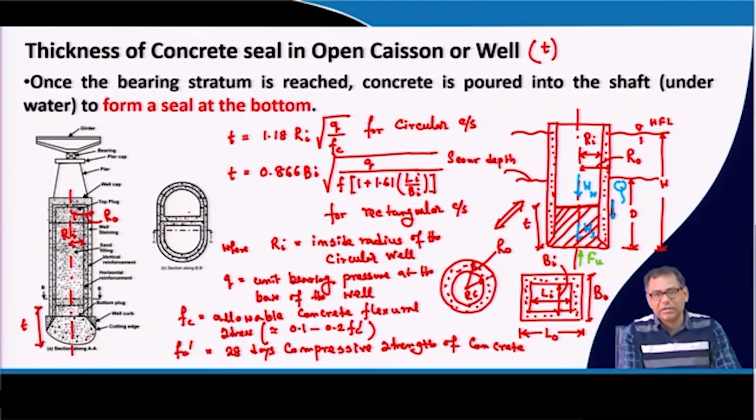At that condition we are checking whether that seal is sufficient or not. That means the shaft weight, the bottom seal weight, and the friction between soil and the well, these three forces will act in the downward direction to take care of the upward buoyancy force.